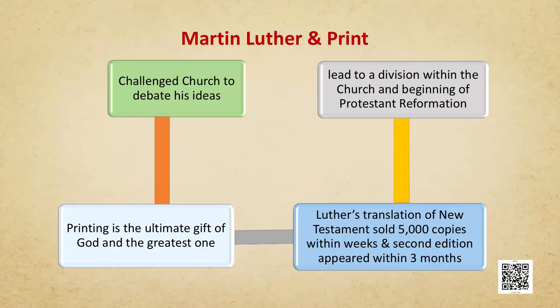He also challenged the church to debate his ideas, and the result was that it led to division within the church, and the Protestant Reformation movement took place, and Christianity got divided into two communities, the Catholic and the Protestants. Martin Luther's translation of the New Testament sold 5,000 copies within weeks, and a second edition of it appeared within 3 months.